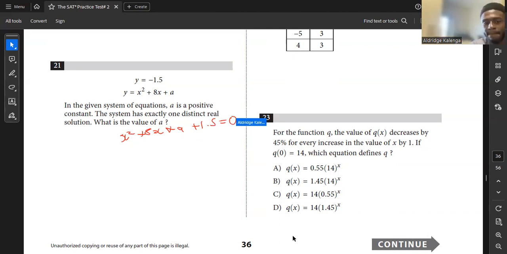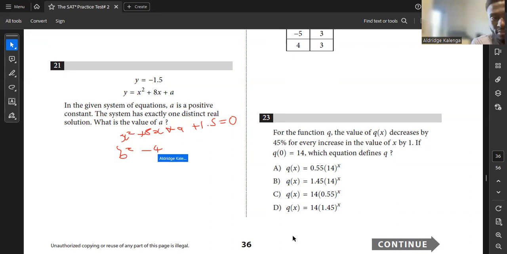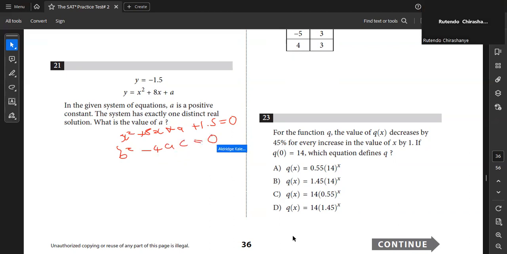Then using the discriminant rule, b squared minus 4ac is equal to 0, since they say it has one solution. That's the discriminant.